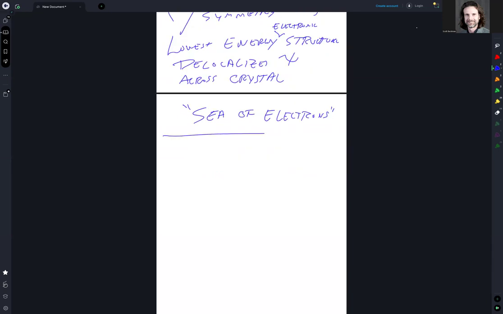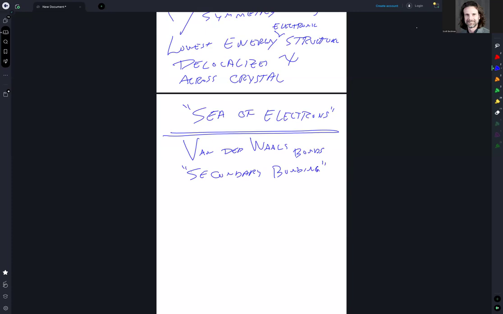And now, concluding the discussion of chapter 2, I'd like to discuss van der Waals. Van der Waals bonds, or some people call it secondary bonding. And I know people call it secondary because it's weaker.